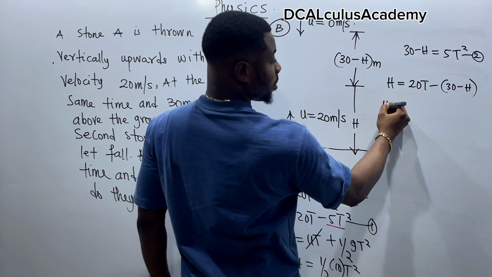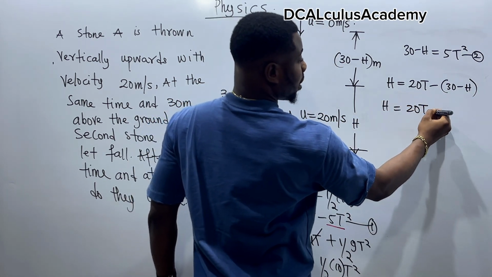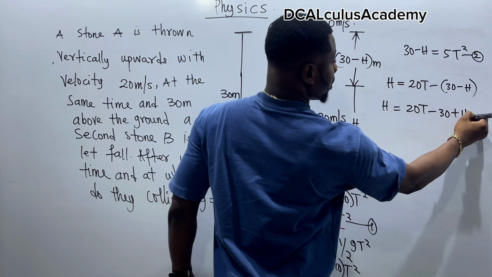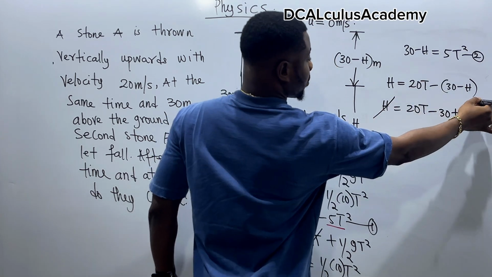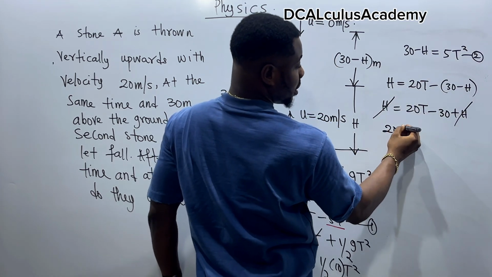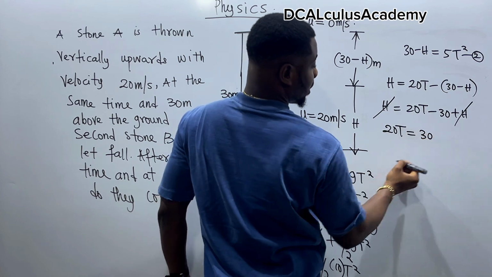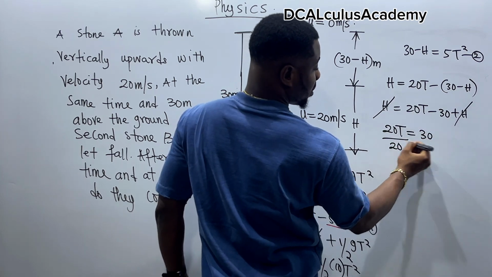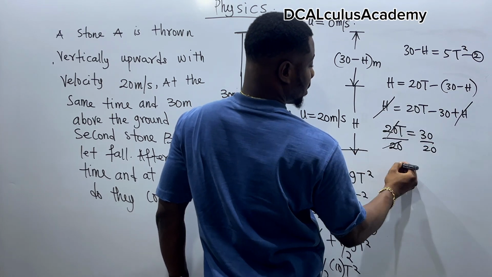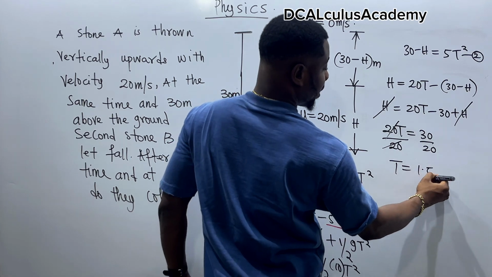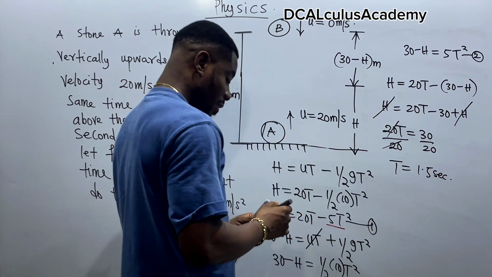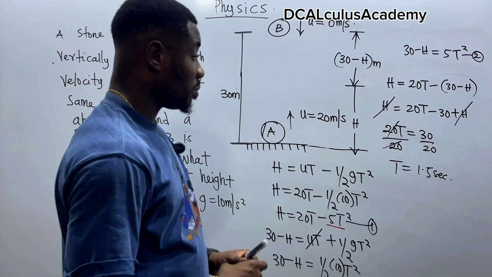So h is equal to 20t minus 30 plus h. Now these two h terms can go out, so 20t becomes equal to 30. We can divide both sides by 20 so that t becomes 1.5 seconds. So we have been able to determine the time of collision as 1.5.